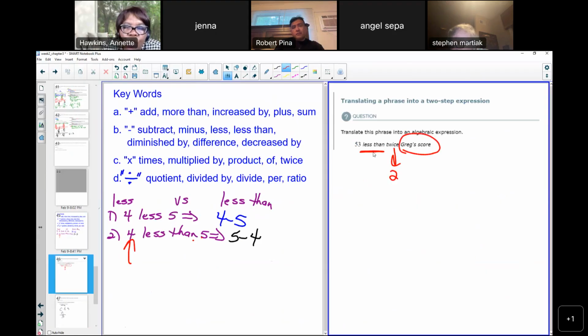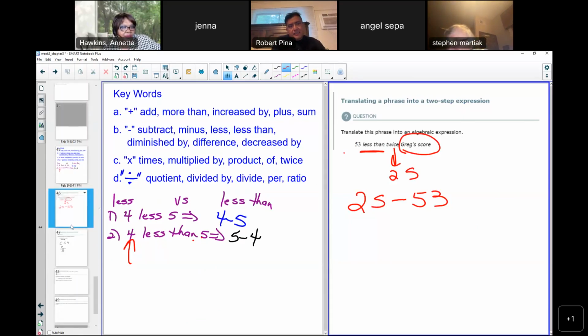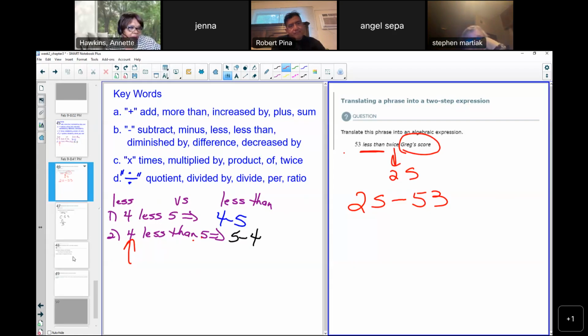Greg's score, we don't know, so we can do an S. So 53 less than twice Greg's score would be 2S minus 53. Discussion about that. Any questions about how we arrived at this?